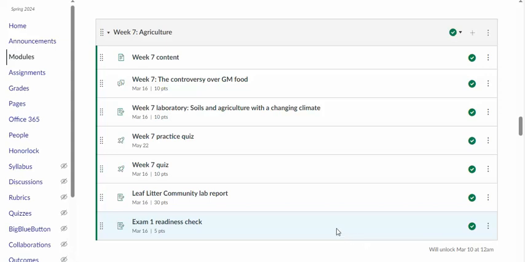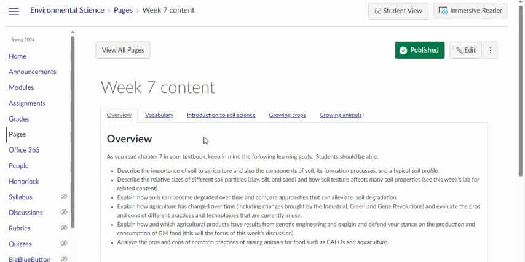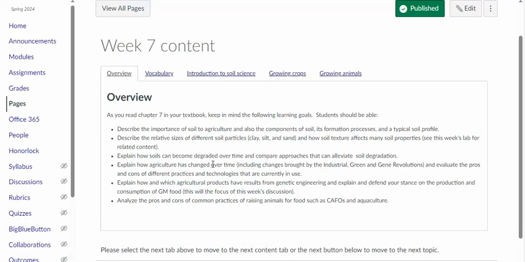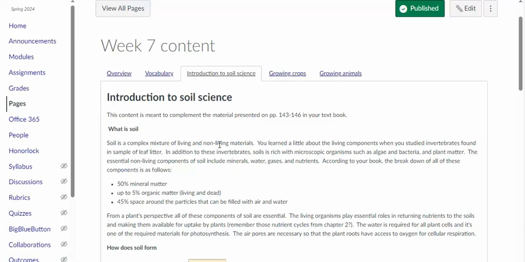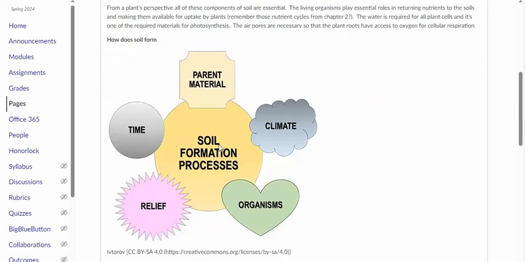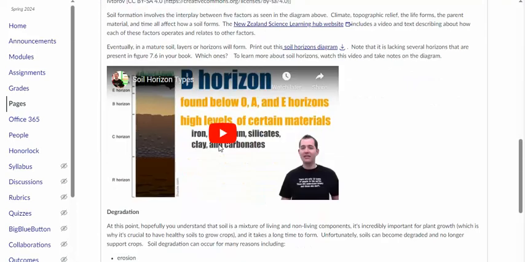7 in environmental science. This week, we will be exploring the content in Chapter 7 from your textbook. If you take a look at the content page, there's some learning objectives on the first tab, some terms to know that I recommend you make flashcards of on the second tab, and then some supporting resources to help you understand some of what you're reading in Chapter 7.